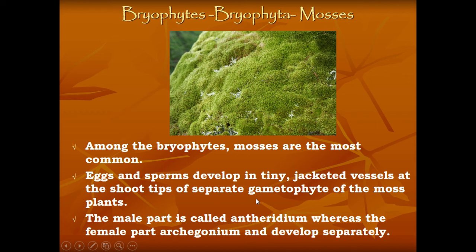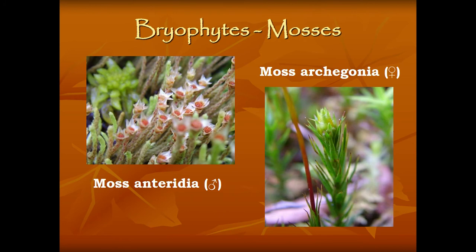The male part of the mosses is called the antheridium, meanwhile the female part of the mosses is called the archegonium, and they develop separately from each other. So this is how it looks. The male part antheridium and the female part archegonia.